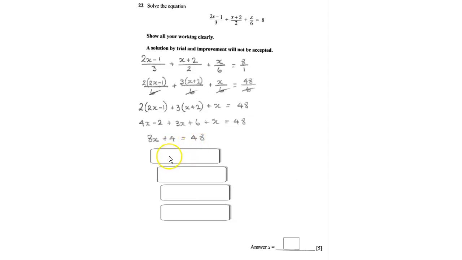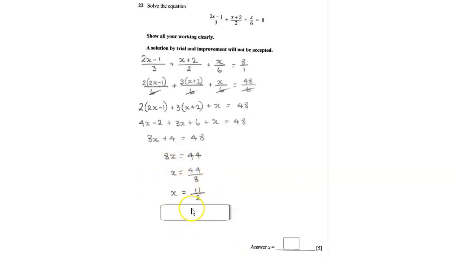And then from there on in, we just keep solving. So it'll be plus 4 we want to get rid of, so we have to take away 4 on each side. So 48 take away 4 is 44. We have to divide by 8 both sides. You can see, divide by 8 on the left hand side, 8 disappears, and 44 over 8.